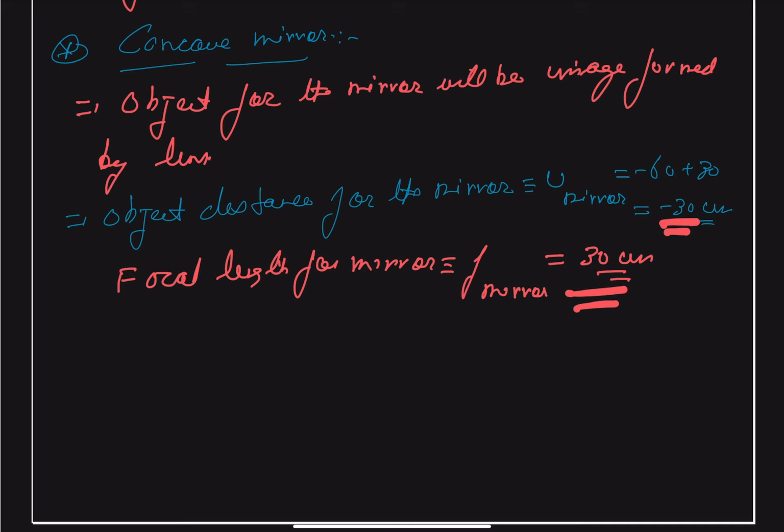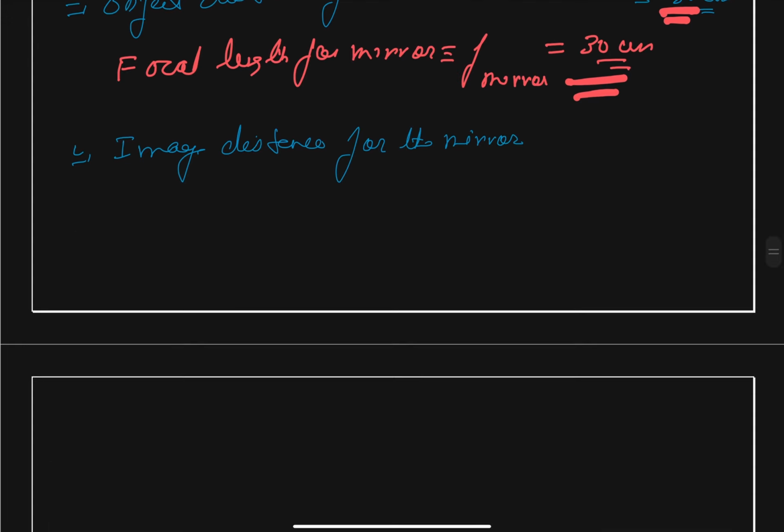Now we can find out the image distance for the mirror. Same formula we can use, 1 upon f mirror is equal to 1 upon v mirror plus 1 upon u mirror.